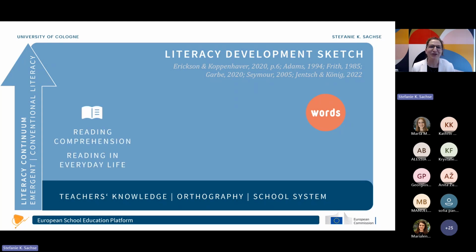We talk about reading comprehension, or how we support students to make reading a part of their everyday life. And this is difficult, isn't it? Especially today. Some schools have decided to have reading times where students have time to read something that they've chosen themselves, and that's also a topic when we're looking at literacy development. Reading in everyday life.